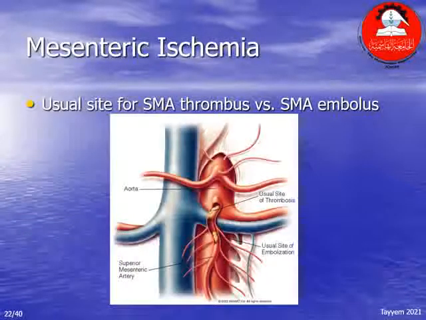The usual site for SMA thrombus is usually in proximal, close to the origin of the artery from the aorta, and the embolus usually is more distal, where a clot will get impacted in the small narrow branches along the distal area of the artery.